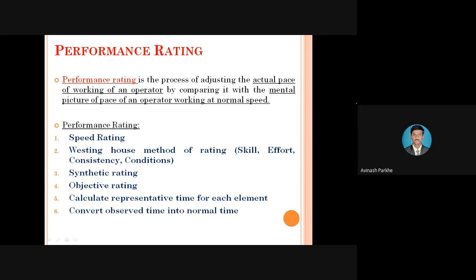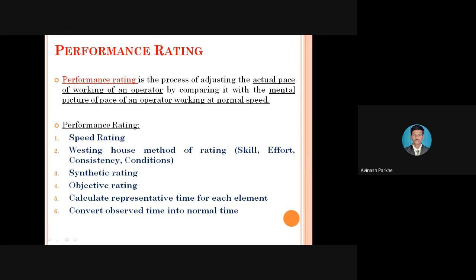If he has completed his work in 1 hour only, we can say that the performance of that operator is very good. If he is taking extra time, maybe 15 minutes or 30 minutes extra, then the performance of that operator is not as per the requirement. Therefore, the performance rating concept is implemented along with the time study concept.